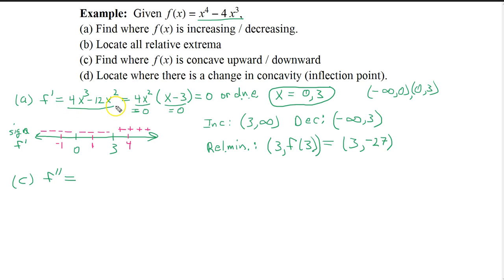The second derivative is going to be, and that factors as, and we see that that is equal to 0 or DNE at x equaling 0 and 2.